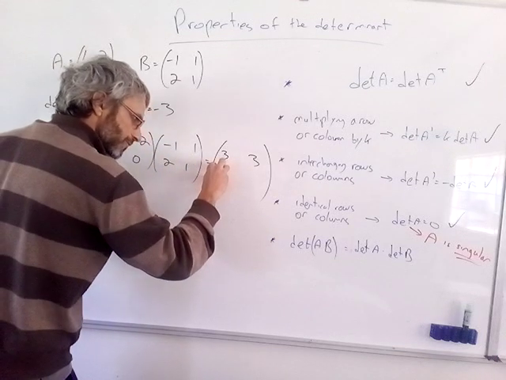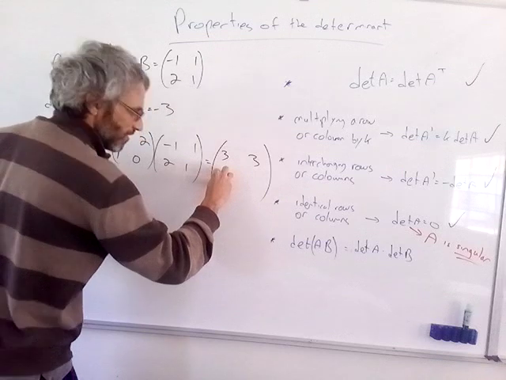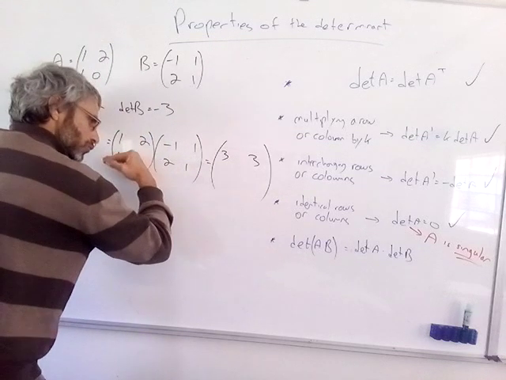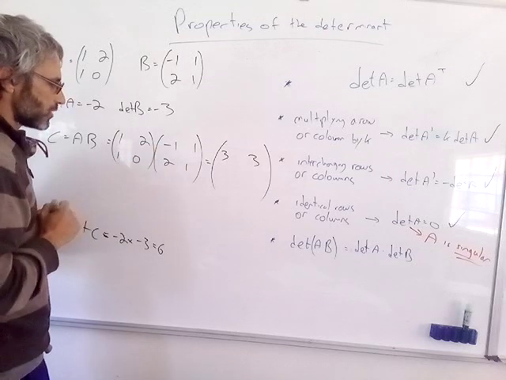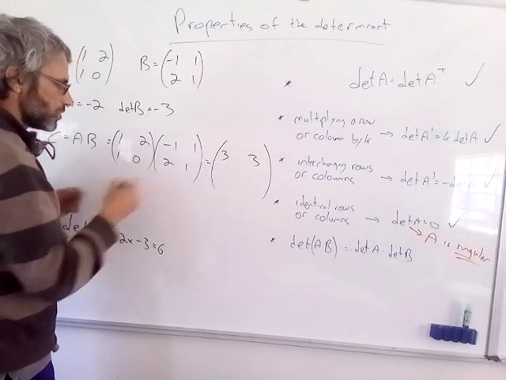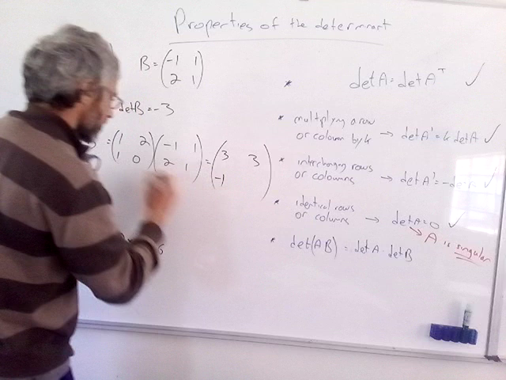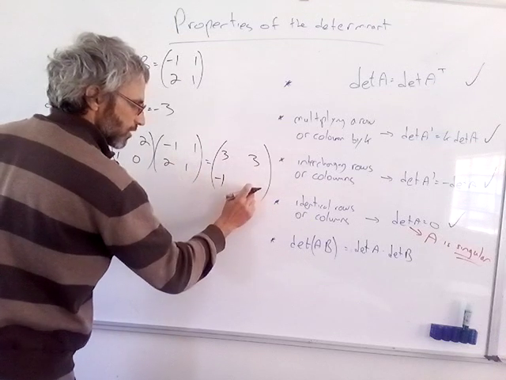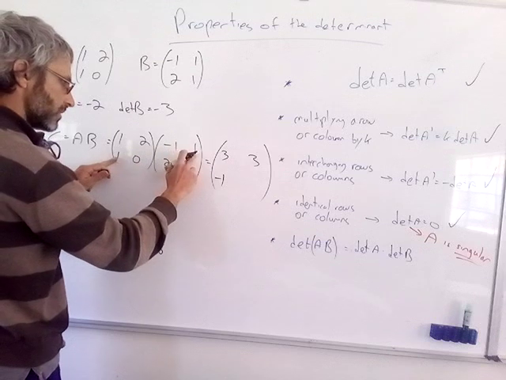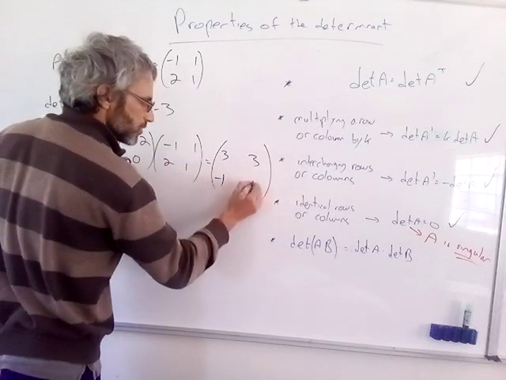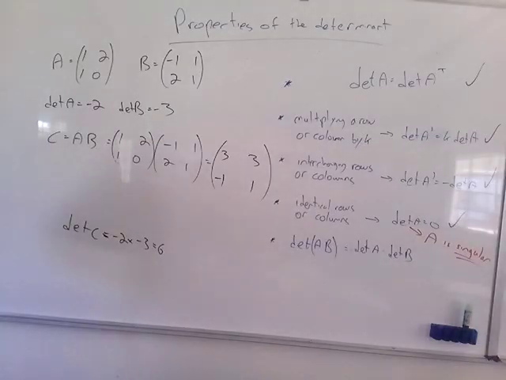So 1 times -1 is -1, plus 2 times 0 is just -1. And then the second row, second column will be second row times second column. 1 times 1 is 1, and then you've got a 0, so it's 1. Okay, so we've got C.